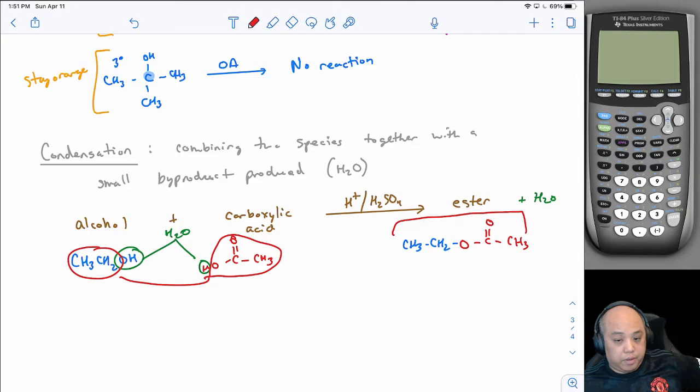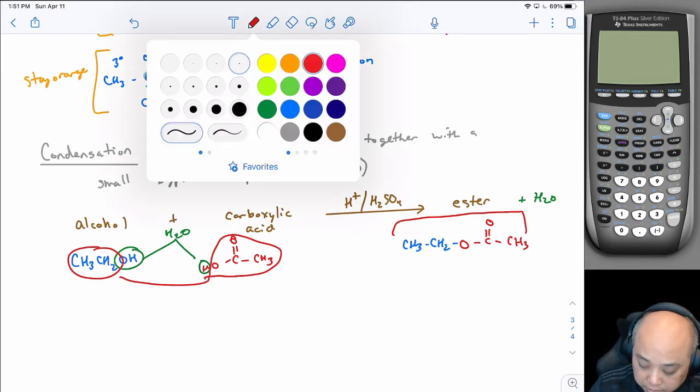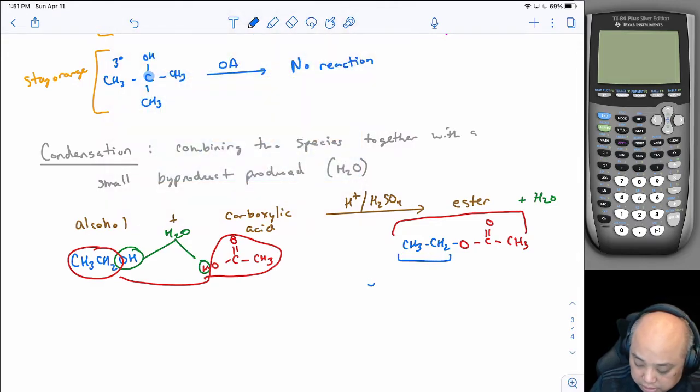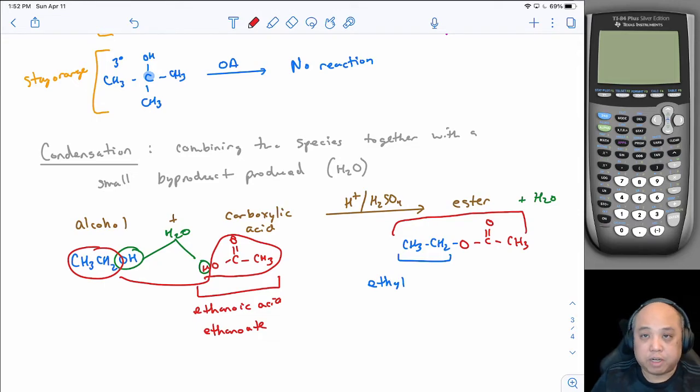Okay. And we name it as such because when you look at the blue part, this is just an ethyl group. Okay. And this is ethanoic acid. And when you lose that H, it becomes ethanoate. Because every time a carboxylic acid loses a hydrogen, it becomes -oate.